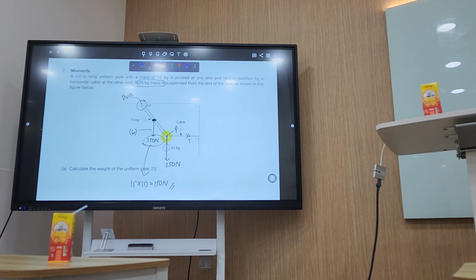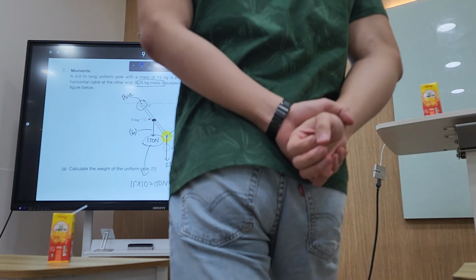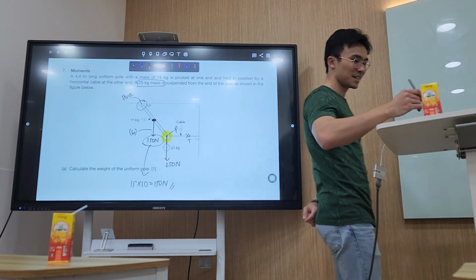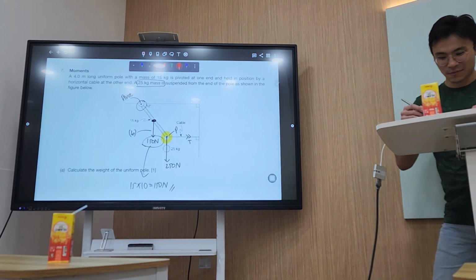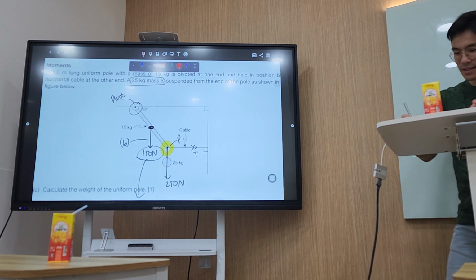Okay, for example, let's take a look at the 250 newtons. What do you think is the perpendicular distance to the pivot? Moment equals force times perpendicular distance.